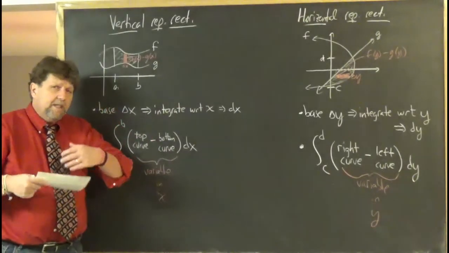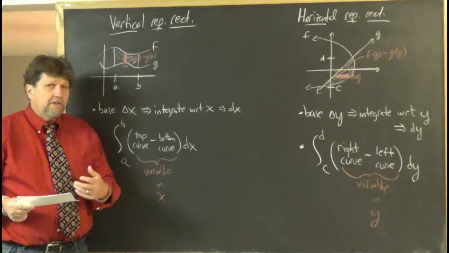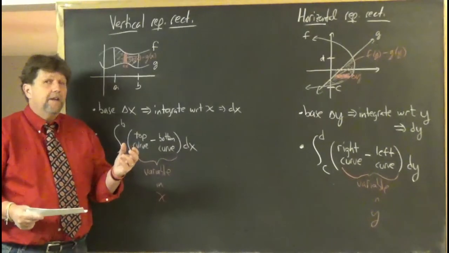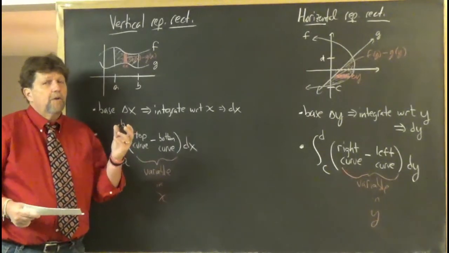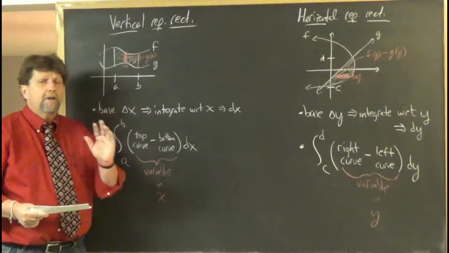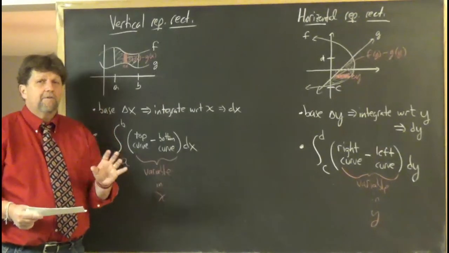So, folks, this lays the foundation for the next two sections. In the next two sections, we're going to start taking regions in the plane, and we're not going to find the area of the regions. We're going to revolve the region around a horizontal line or a vertical line and produce a solid and find the volume of that solid of revolution.